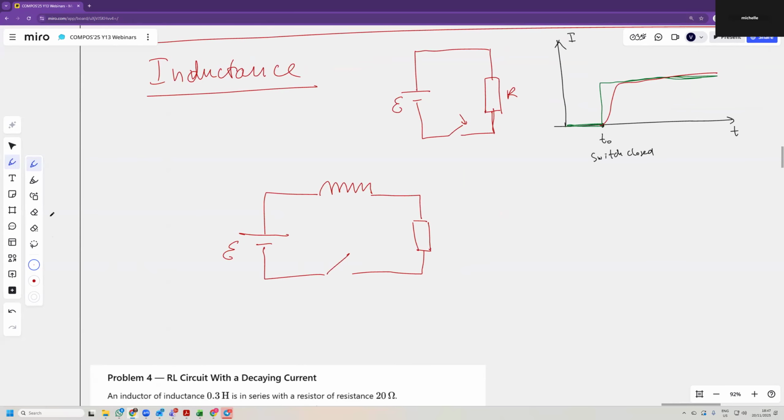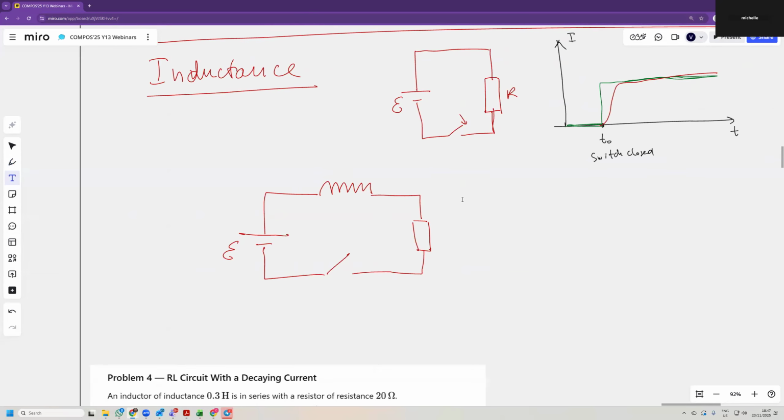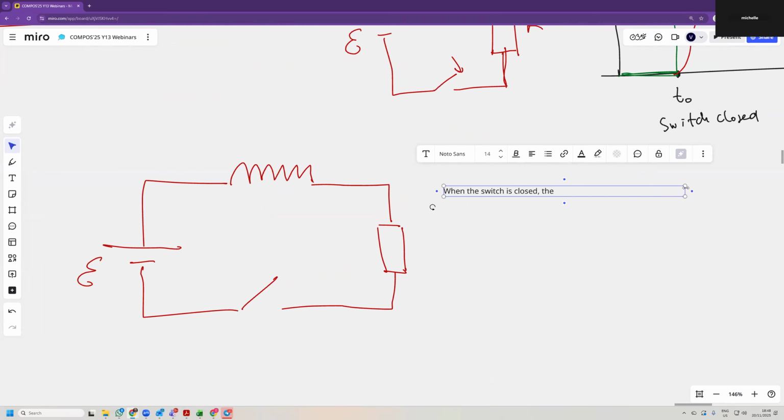When a current flows through the coil, the coil produces a magnetic field. When the switch is closed, there is a magnetic field, there is a current, and there is an increasing current in the coil.